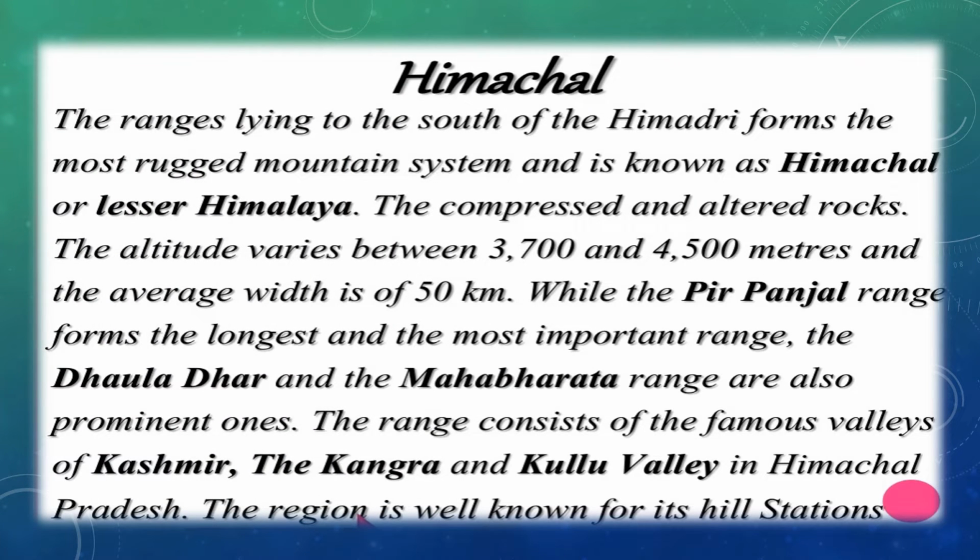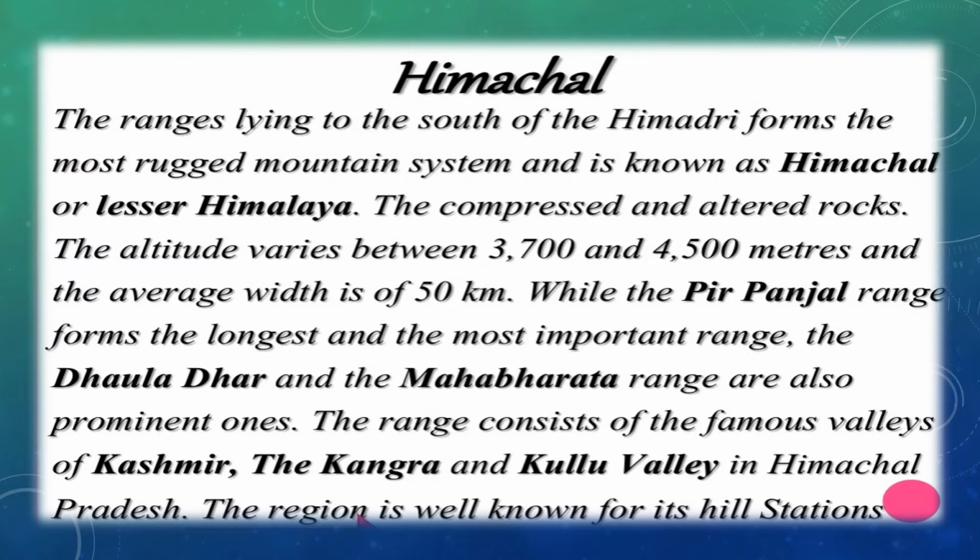This brings us to the next range of the Himalayas, which is called the Himachal. The ranges lying to the south of the Himadri form the most rugged mountain system and are called the Himachal or the Lesser Himalaya. It is composed of compressed and altered rocks. Its altitude varies between 3,700 and 4,500 meters, with an average width of 50 kilometers.